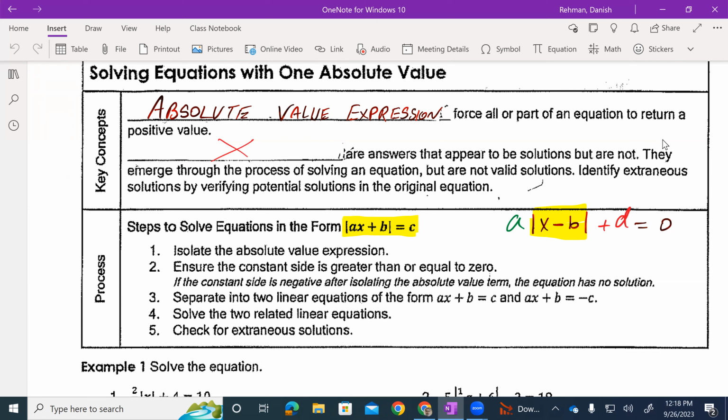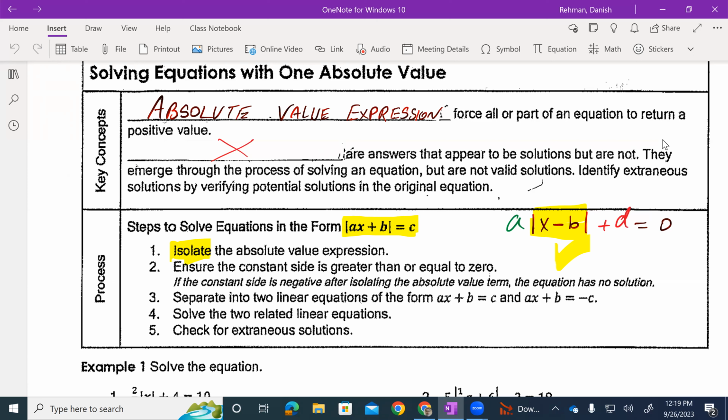Like I have it here, this green A, it's a multiplication to the absolute expression. It's not there. Agree? Then I also have a plus D in my created equation. This plus D is not leaving the yellow expression isolated.